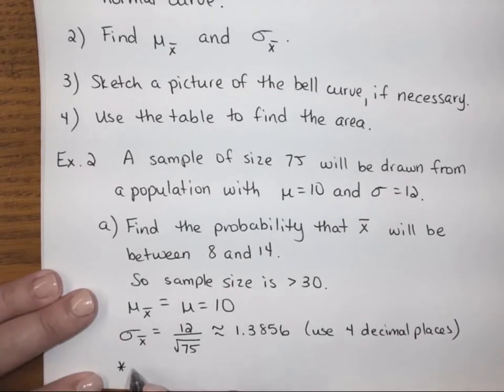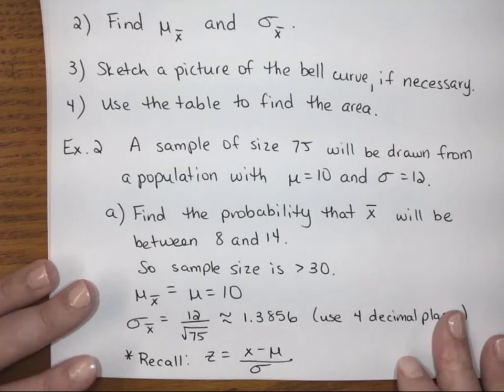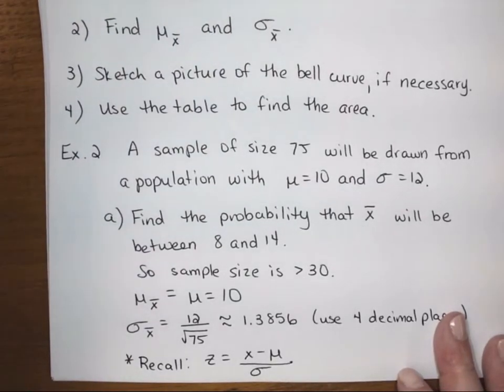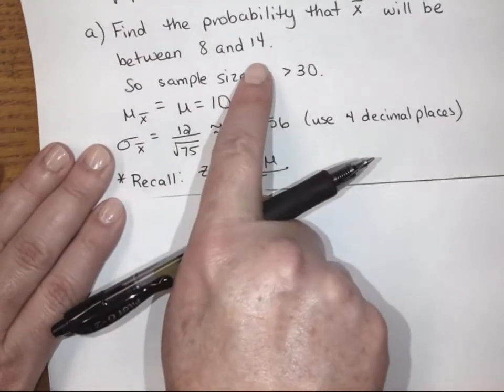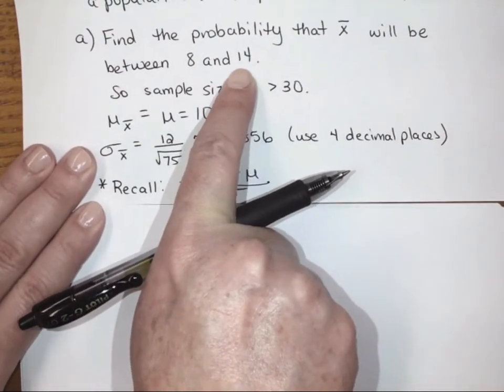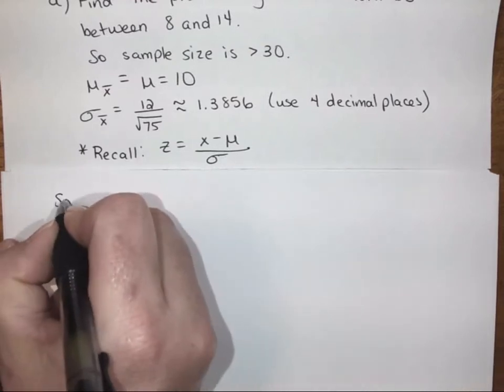Okay. So once again, I'm going to pull up the formula for z-score. Remember, z-score is value minus mu over standard deviation. Okay. So what we're trying to do is we're trying to find the probability that the sample mean will be between 8 and 14. Okay. So let's find both z-scores.